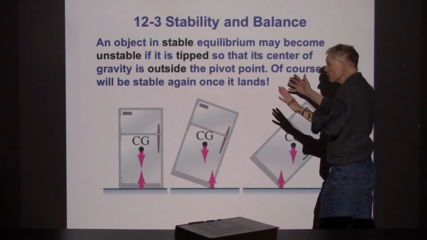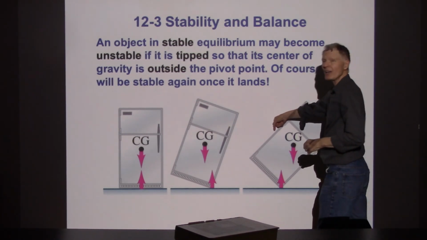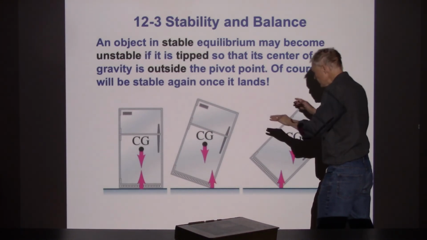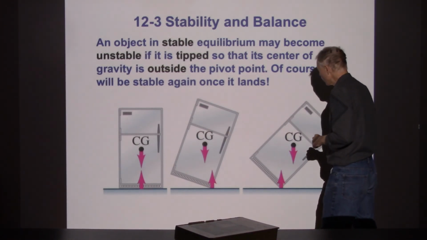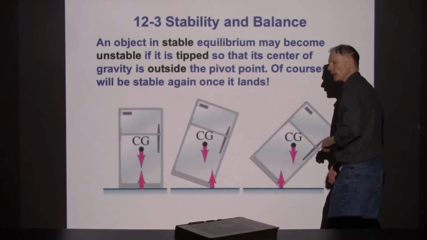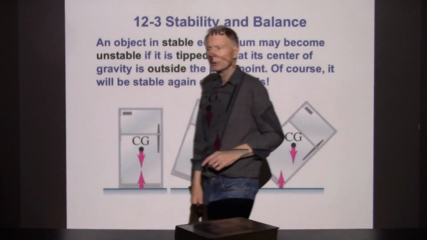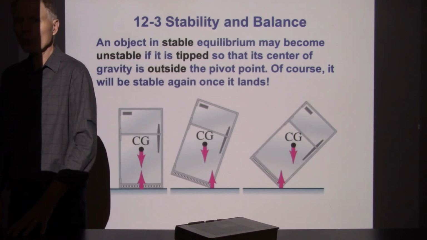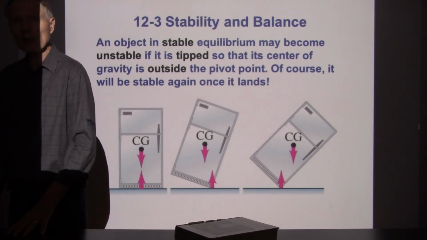You can even balance the refrigerator, right? Go home and try this. Balance the refrigerator at that one point. If it drifts even a little bit to this side, it's going to rotate. So it'll rotate over. And as they point out here, once it hits the floor, it will be stable again.